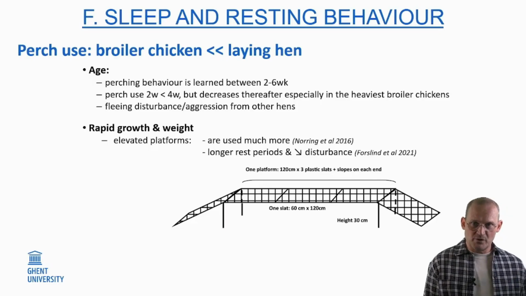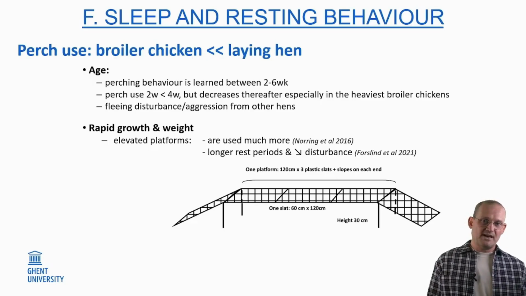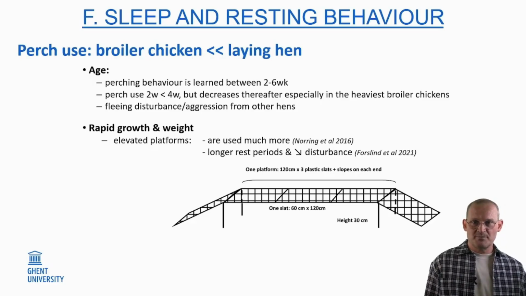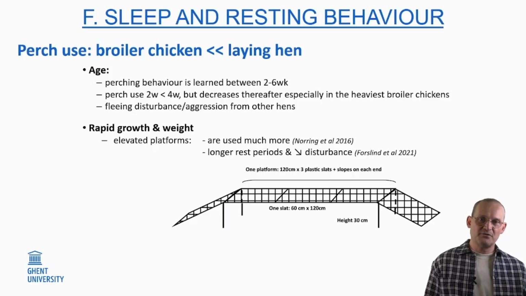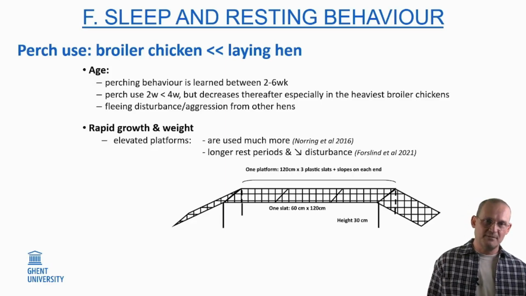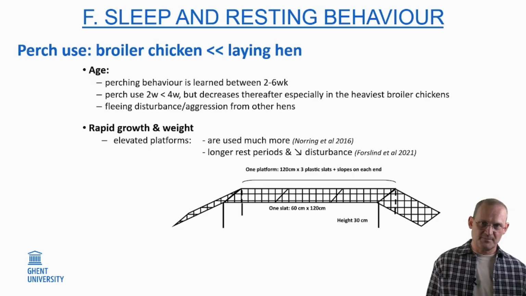But also in broilers, perching is a highly motivated behavior, a behavior that is learned when they are between 2 to 6 weeks old, and the perch use is high at 4 weeks of age, less before that age, and then after 4 weeks it decreases again because they become too heavy and it becomes too difficult to keep balance.